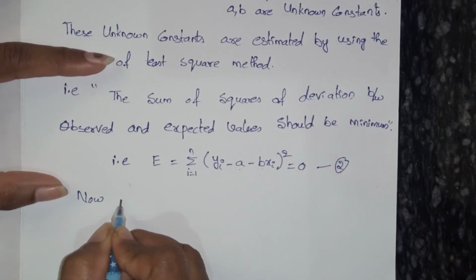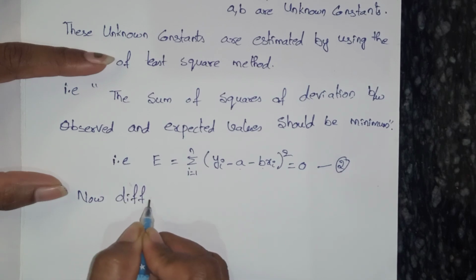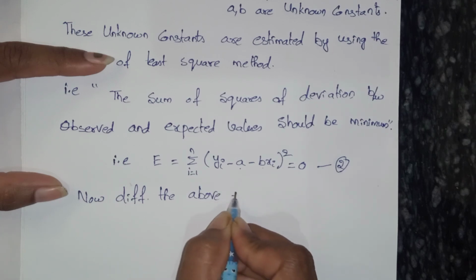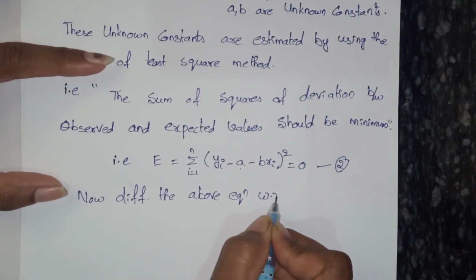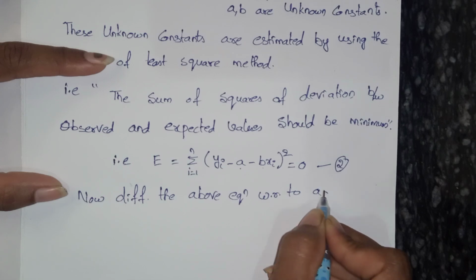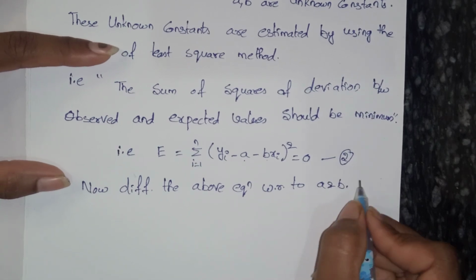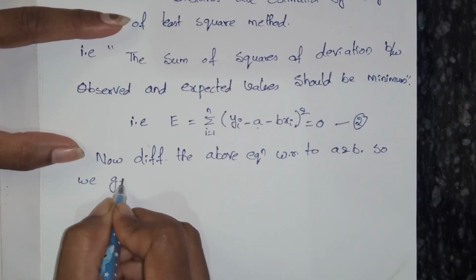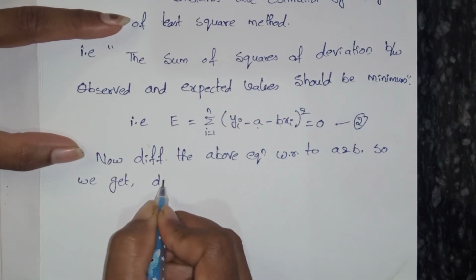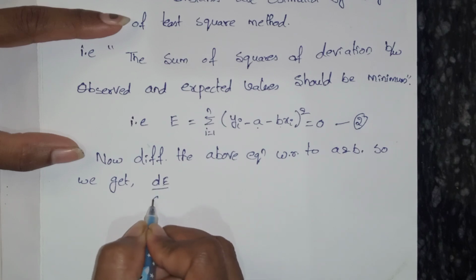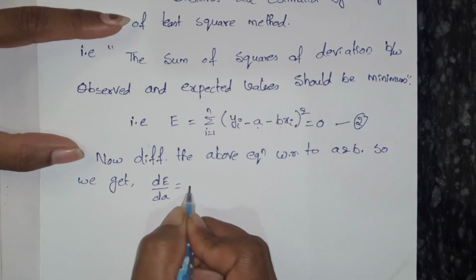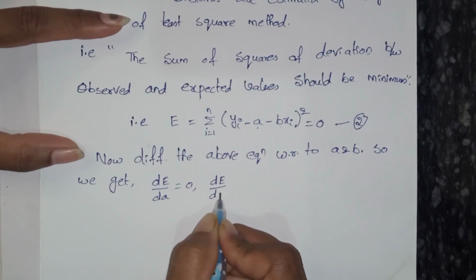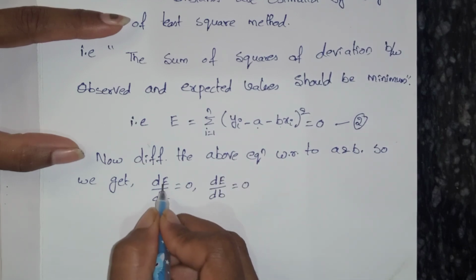Now differentiate the above equation with respect to a and b. So we get dE by da equals 0, dE by db equals 0.